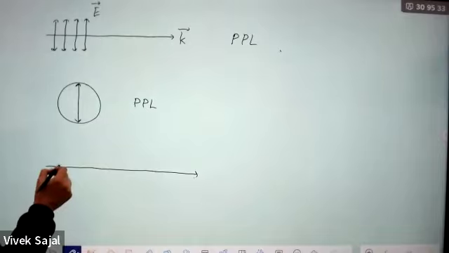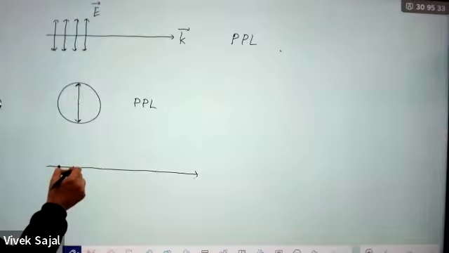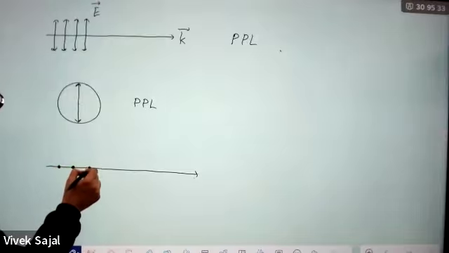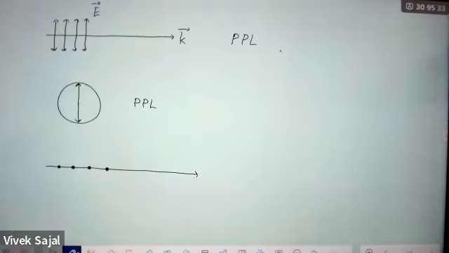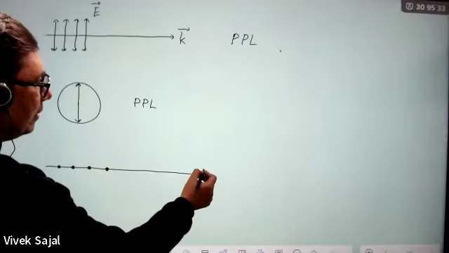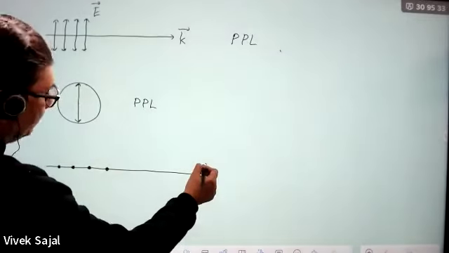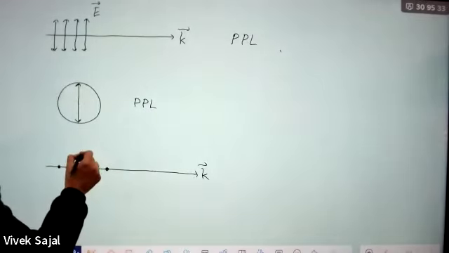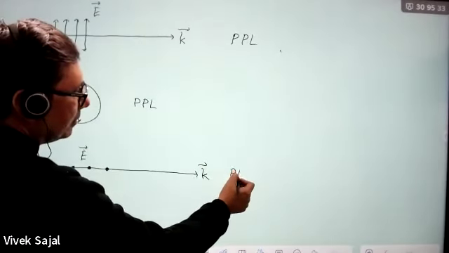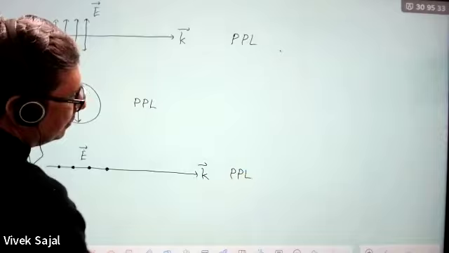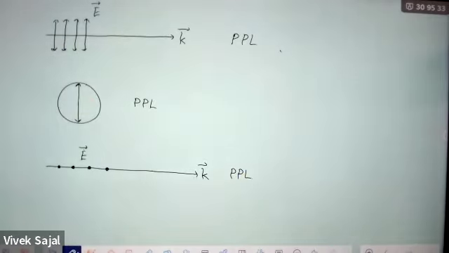These are electric vectors. This is the K vector and this is the E vector. This is also known as plane polarized light. So these are different ways to represent plane polarized light.